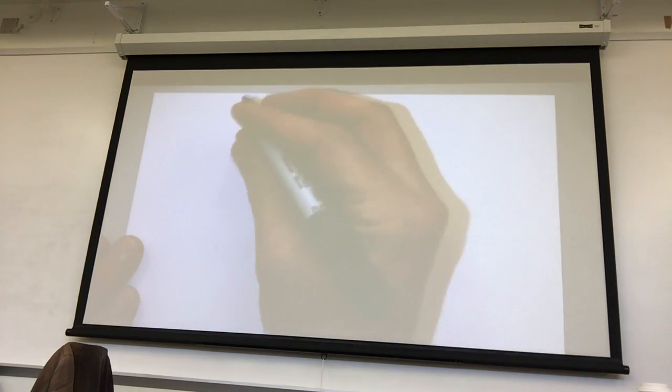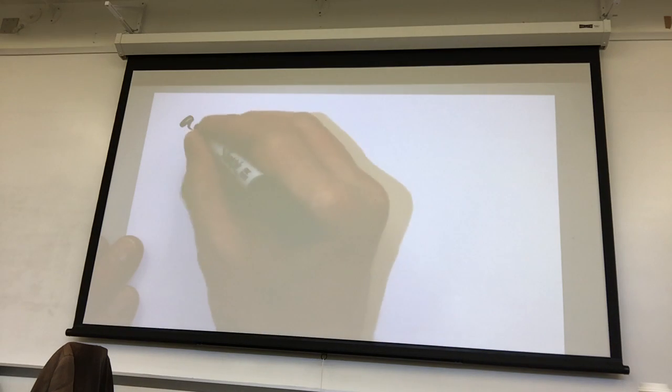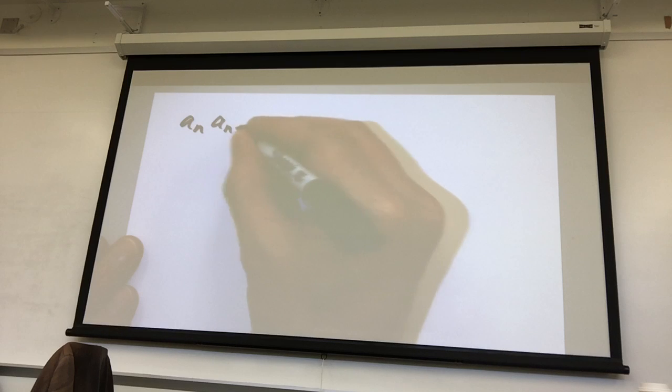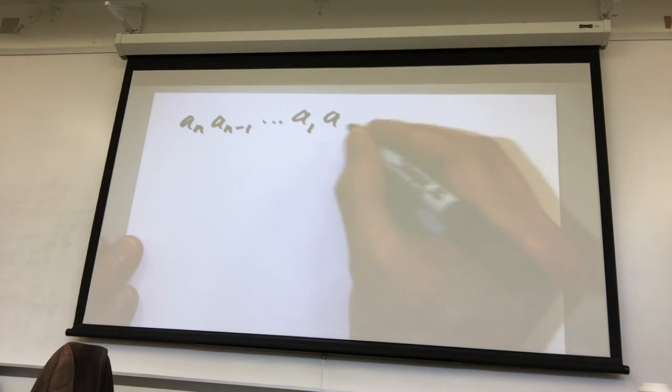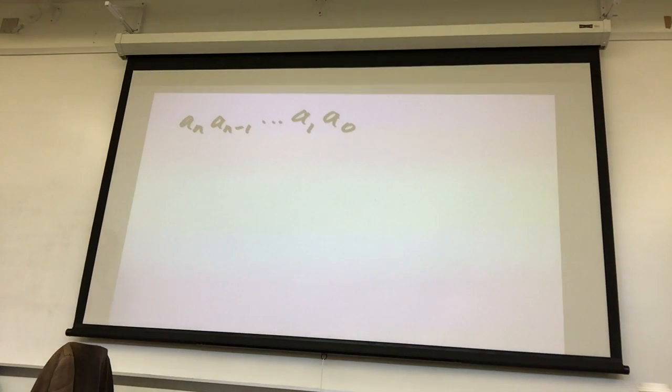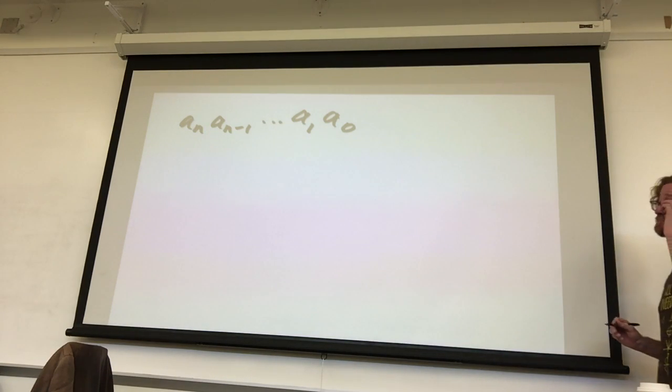We're trying to show that this number right here, a sub n minus 1, dot dot dot, a1, a naught, is divisible by 3. Okay? Going along with our assumption.